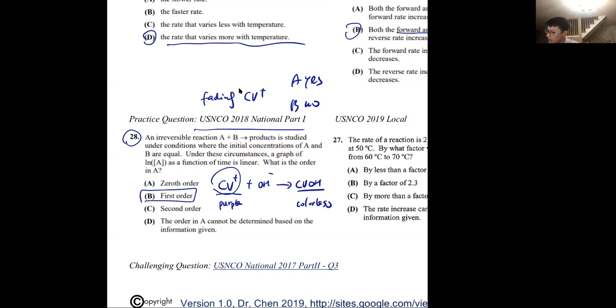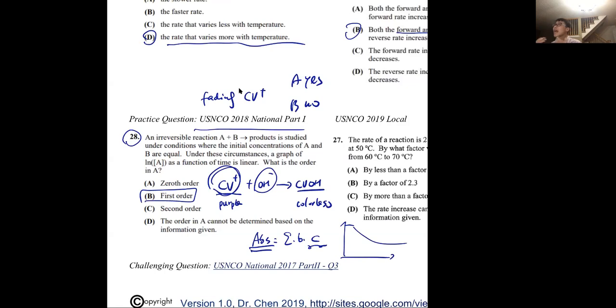Based on Beer's law, absorption equals epsilon bC, which means the absorption is proportional to the concentration of the CV plus. So we can monitor the CV plus changing with time, right? Obviously it will decrease with time when you add the hydroxide.